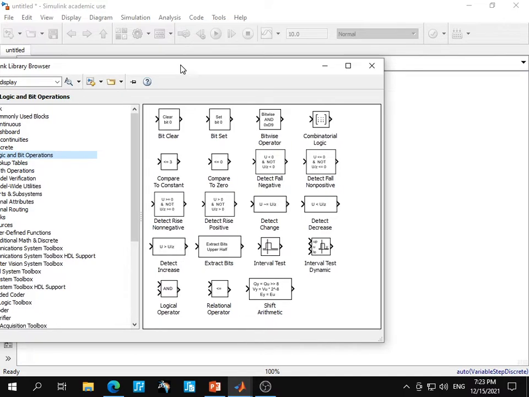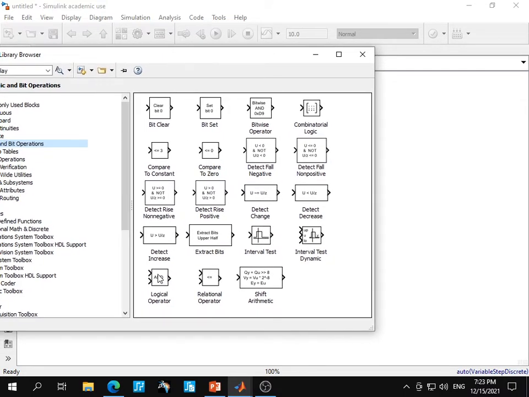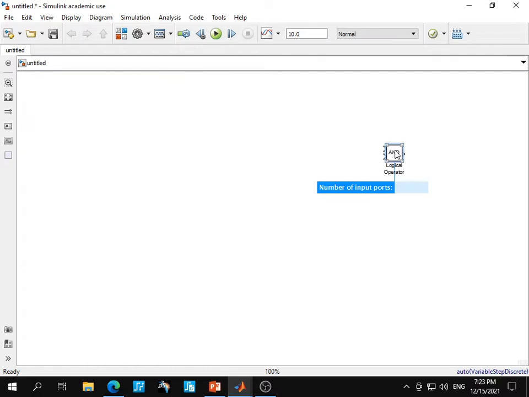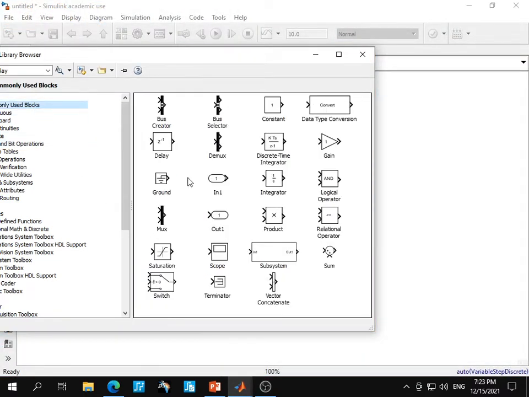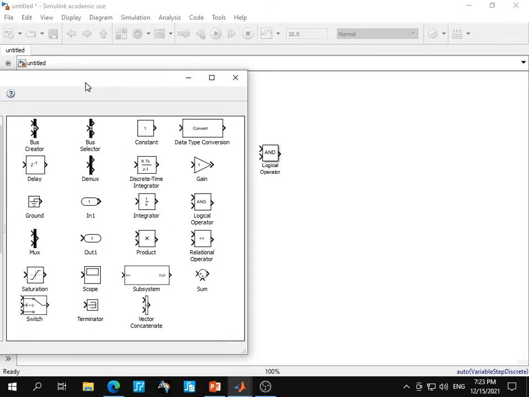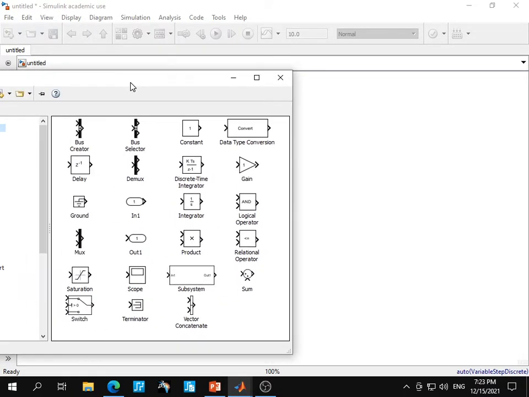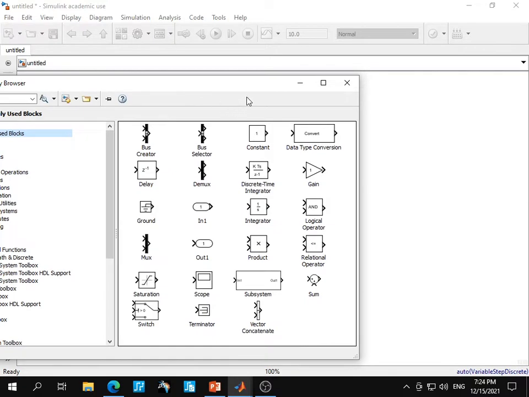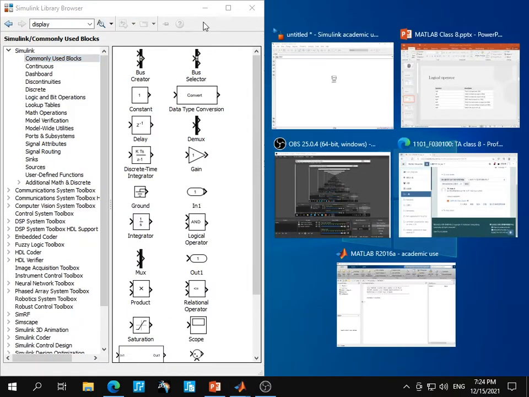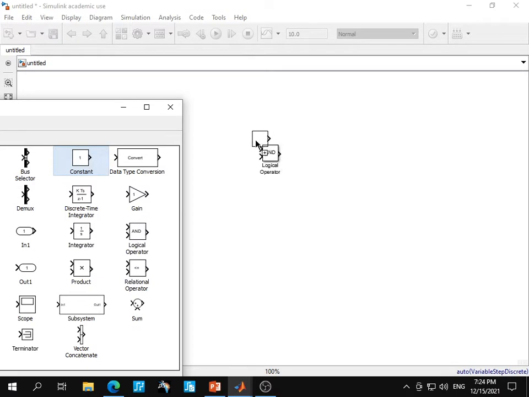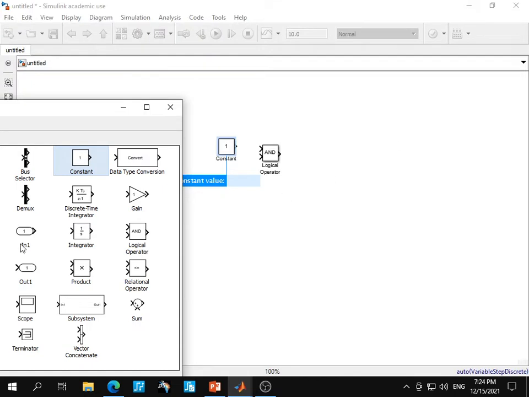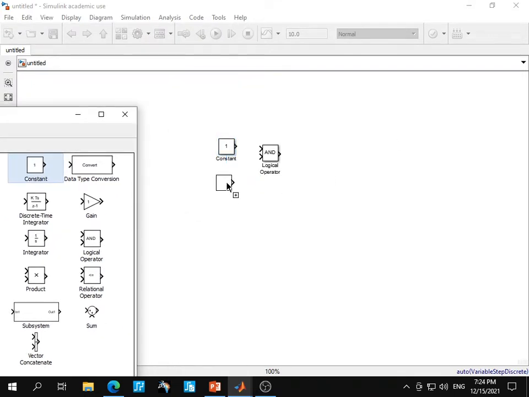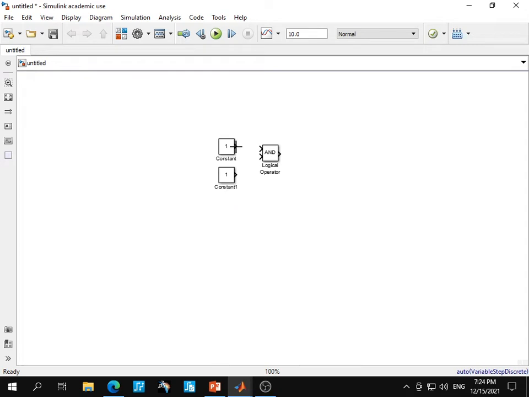For logical operation, you can find it here. Logical Operator. Let me give it two constants. Two constants.